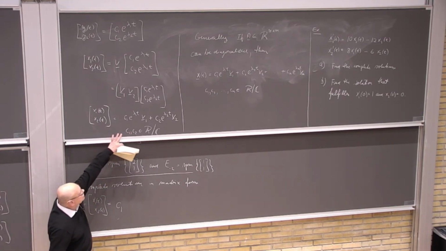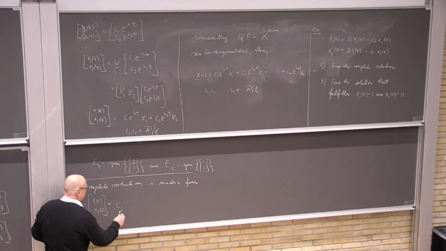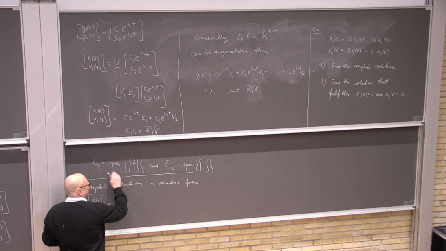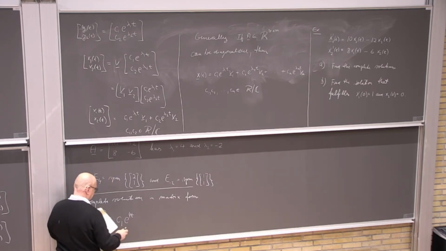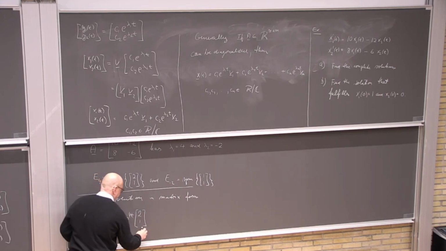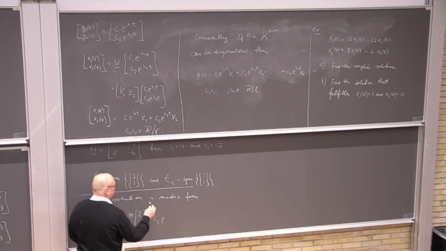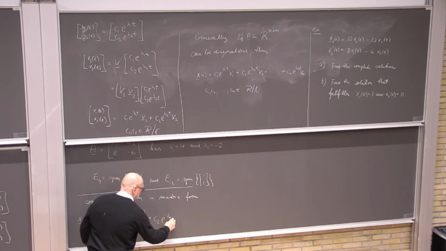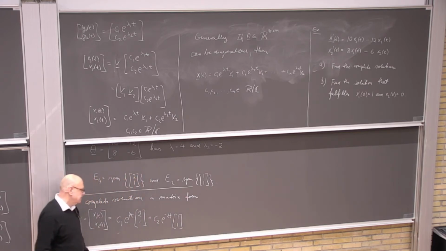In fact, I have the solution given right here. So c1, and then e to the lambda 1, which is 4, e to the 4t, and then this eigenvector, and then c2, and then the second eigenvalue, which is -2, and then times the second eigenvector. This is the complete solution.